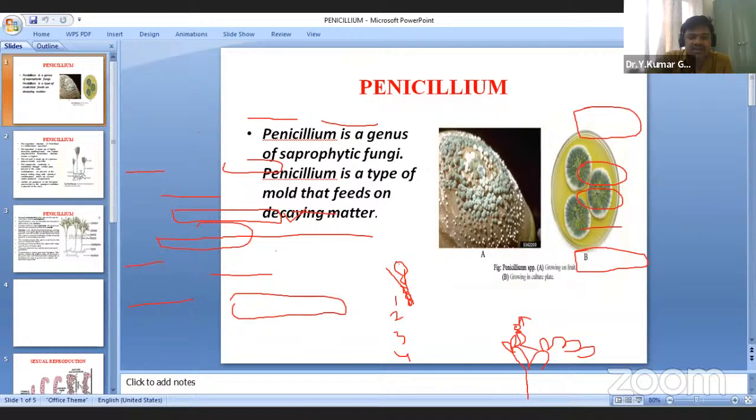After that, mycelium develops, later forming a branched mycelium. So this is asexual reproduction: after conidium formation, the conidium again develops into mycelium.